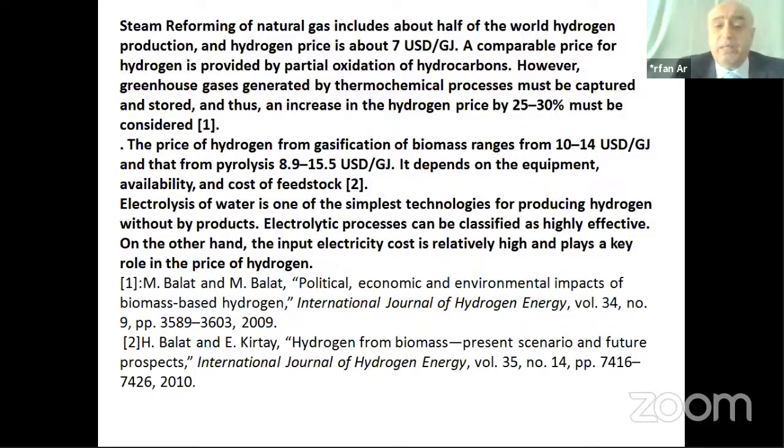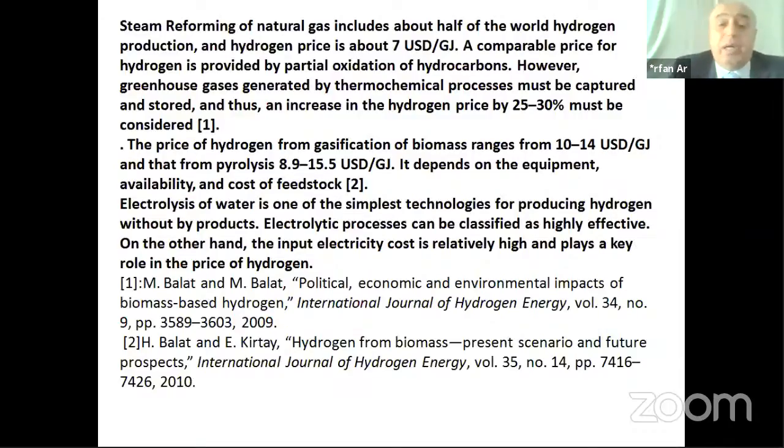The price of hydrogen from gasification of biomass ranges from 10 to 14 US dollars per gigajoule, and that from pyrolysis, 8.9 to 15.5 US dollars per gigajoule. It depends on the equipment availability and the cost of feedstock.